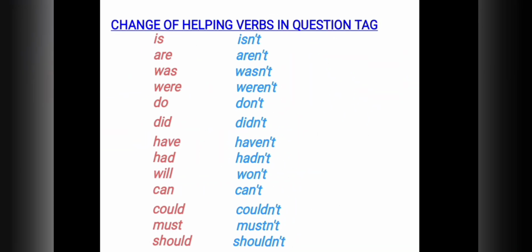Now let's see the changes of helping verbs happening in question tags, and the most common helping verbs list is given here. See, is, isn't, are, aren't, was, wasn't, were, weren't, do, don't, did, didn't, have, haven't, had, hadn't, will, won't, can, can't, could, couldn't, must, mustn't, should, shouldn't.